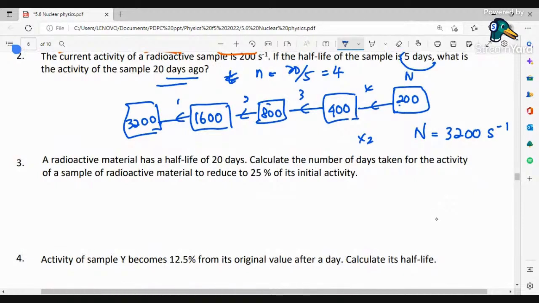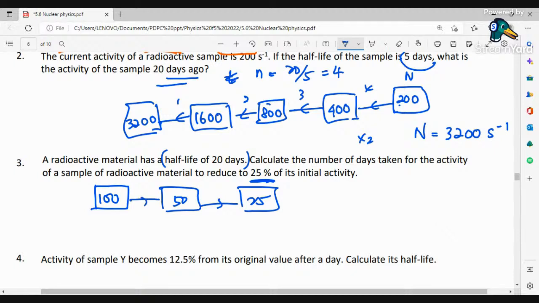Number 3, radioactive material half-life 20 days. Calculate number of days taken for activity of the sample to reduce to 25% of its initial activity. Okay, dia dah bagi the half-life. Kalau 25%, maksudnya awal dia ialah 100, become 50, and then become 25.